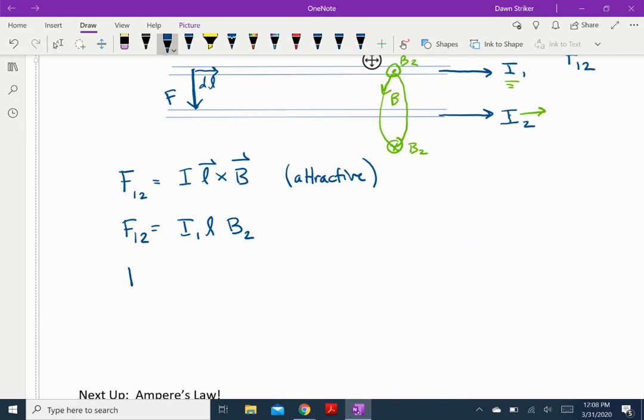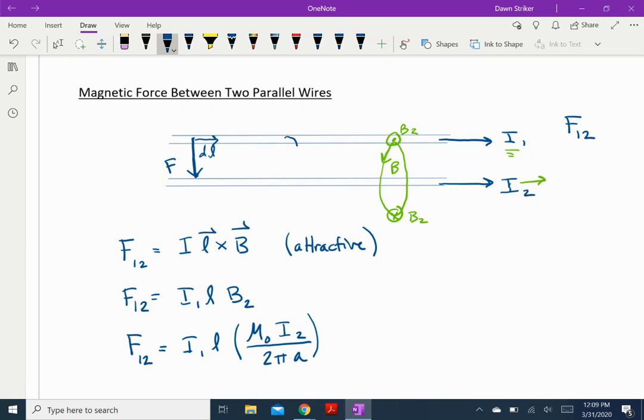And so the force acting on wire 1 due to wire 2 is I1 times the length of wire 1 times what? And so that was mu sub 0 times I2, the current in wire 2, divided by 2 pi times the distance away, A. And here A would be the distance between these two wires.